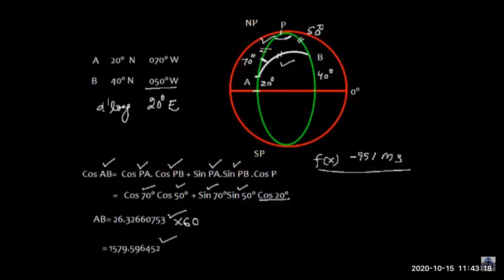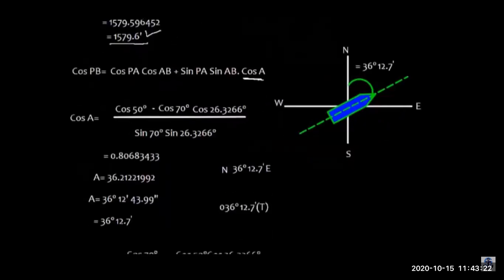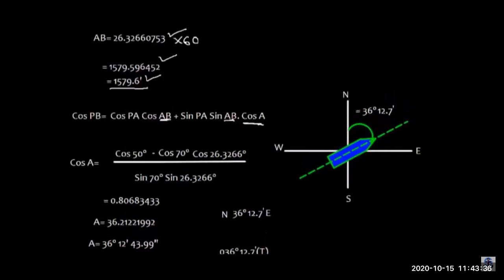We have a separate video for the cosine formula. We take out cos A from the formula and put in all the values. We have already found PA and AB. AB we have just calculated, and you can put it in degrees.